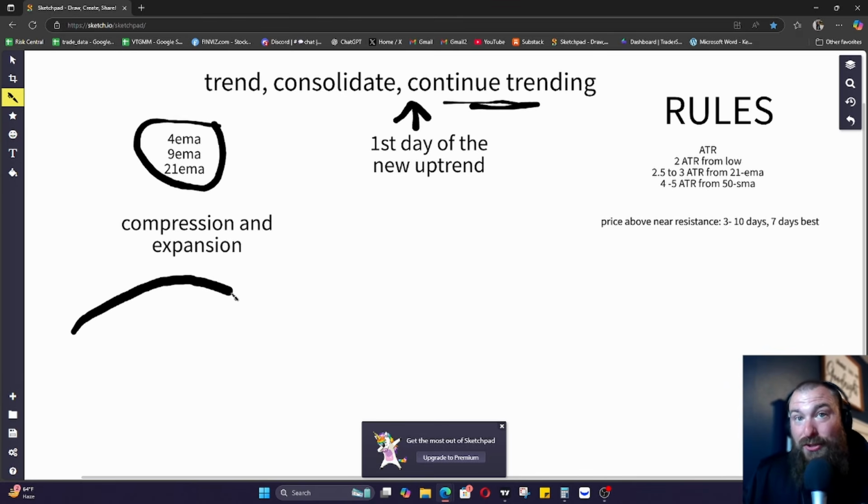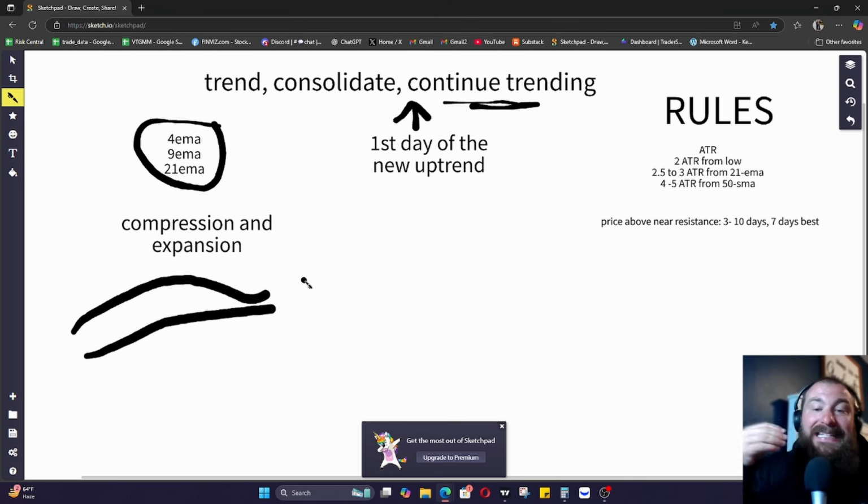It starts to turn down when it's consolidating, and then it starts to turn up again. When that's happening, the 9 EMA is typically doing something similar, but it's a little bit slower. It is slower than that 4 EMA. So our trigger is based on the 4 EMA ticking up.